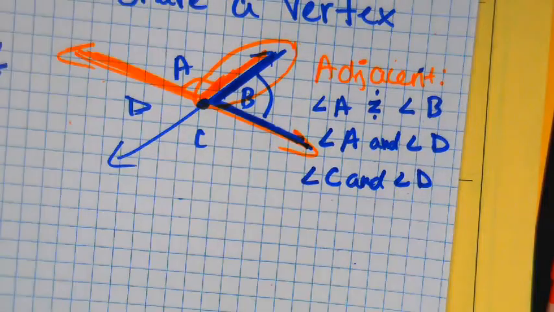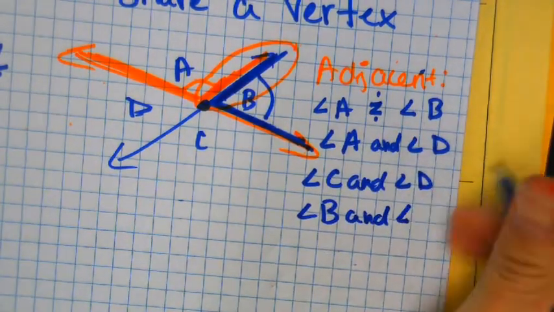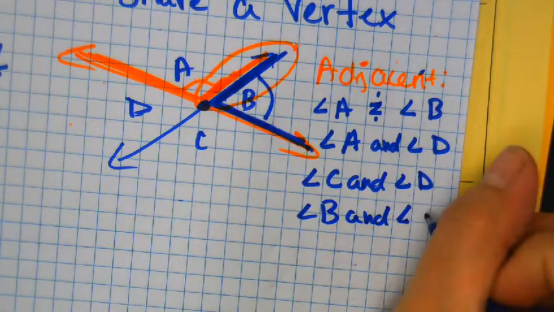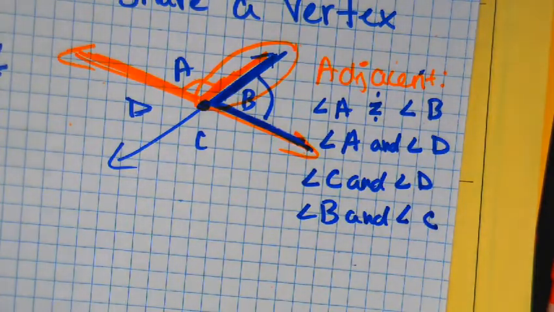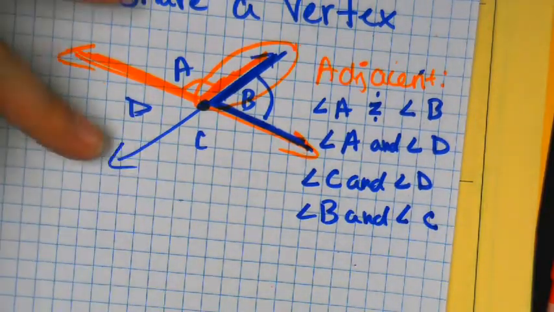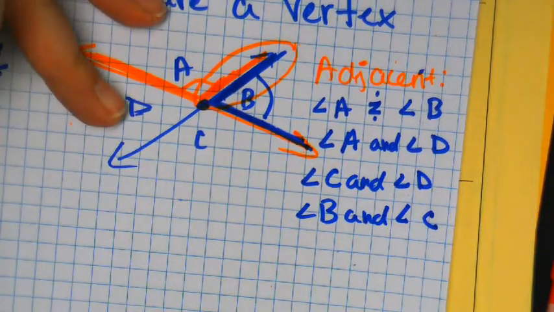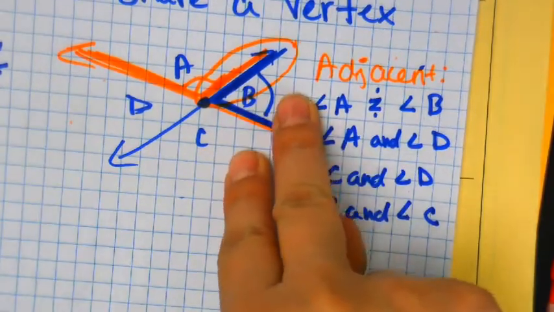No. B and angle C. Any other pairs? No, right? So like these two, then it's these two, then these two, then these two. You go like in a circle.